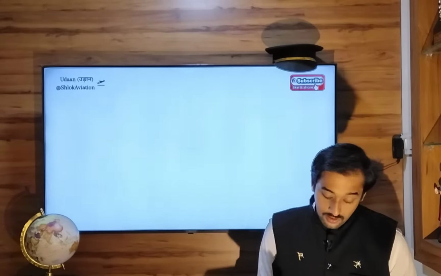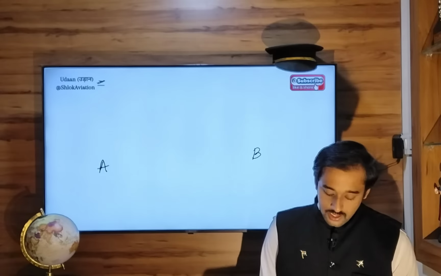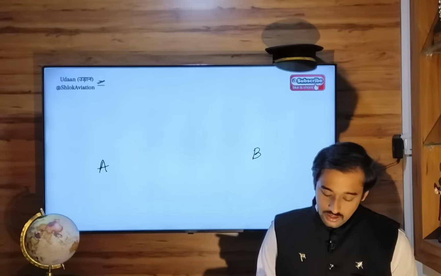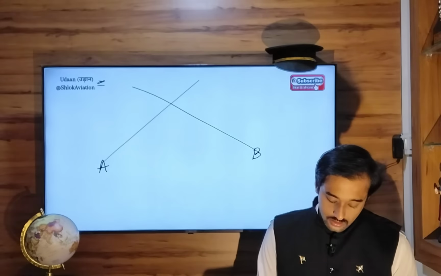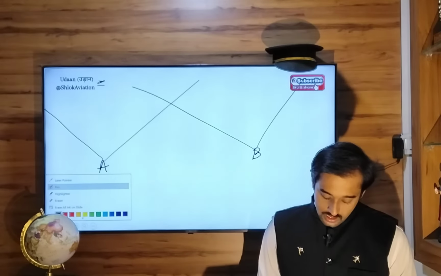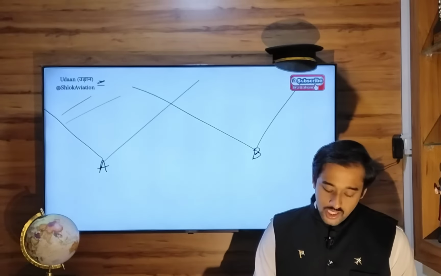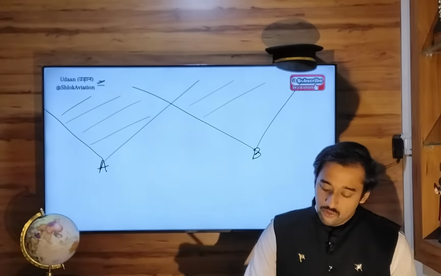Diagrammatically, if this is your VOR-A, this is your VOR-B. This is the region for VOR-A in which you will use the VOR-A frequency. Over here you will use the VOR-B frequency.